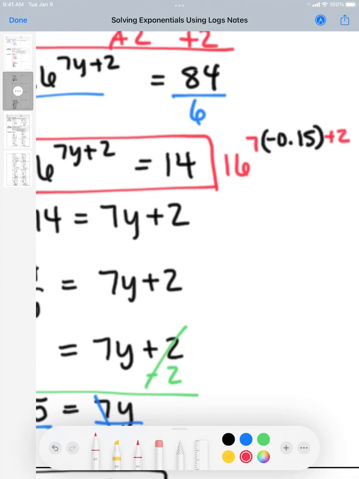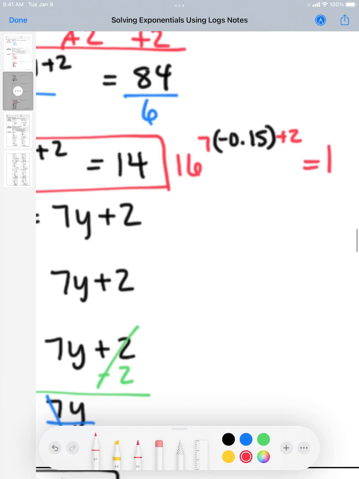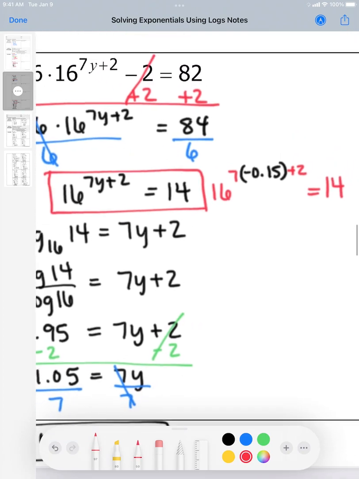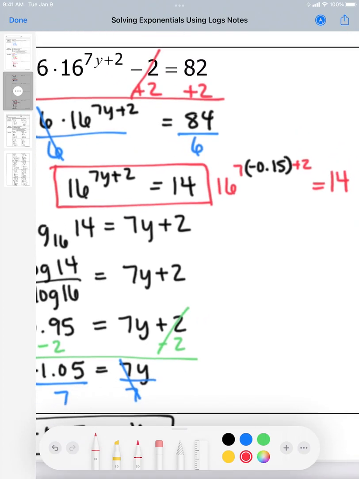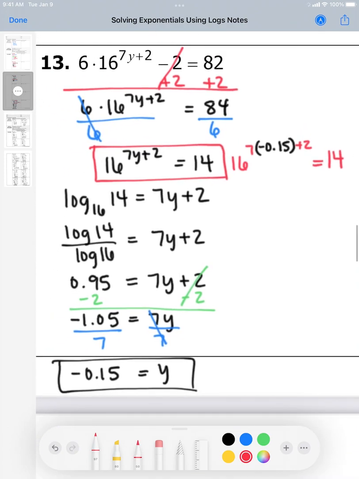And I want to see, I'm going to put that in the calculator, does that give me about 14, the number 14? So plug that in the calculator. And yes, it gets me close to the number 14. Therefore, I could say negative 0.15 is truly a solution.